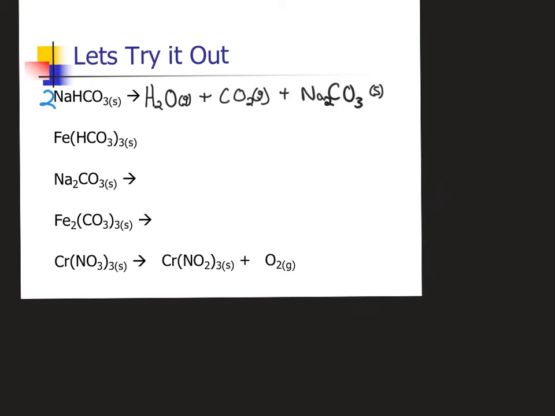Let's look at the next one. We're going to need this a number of times, so I'll make it again here. Iron 3 hydrogen carbonate. It also can go by the name of iron 3 bicarbonate.